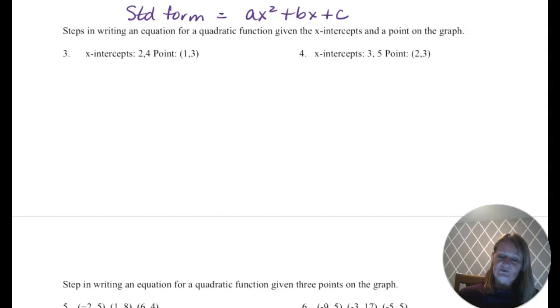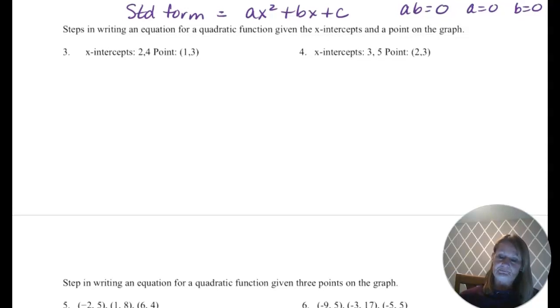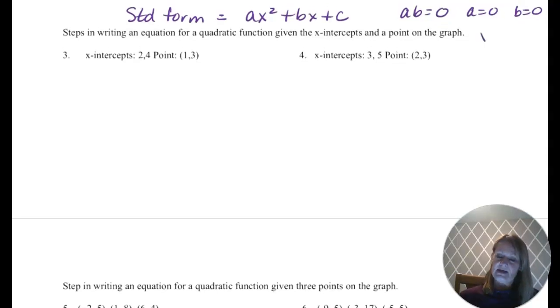The zero product rule said that if you have two things multiplied equal to 0, then either A equals 0 or B equals 0. And that's how we found our x-intercepts when we were factoring. So just a quick example here. If I had x squared plus 2x plus 1 equals 0, and I ask you to solve it, if you'll remember, we said that would be x plus 1 and x plus 1.